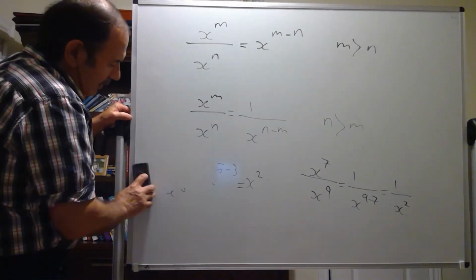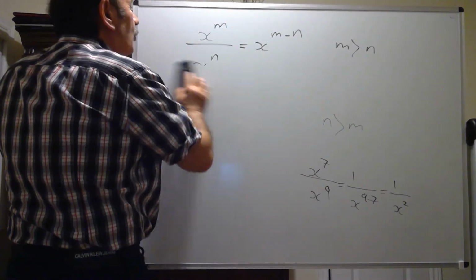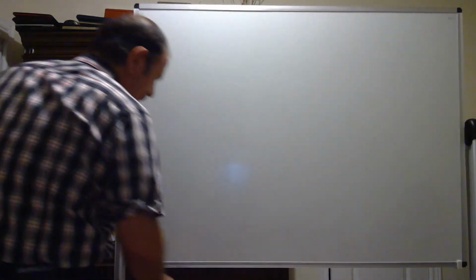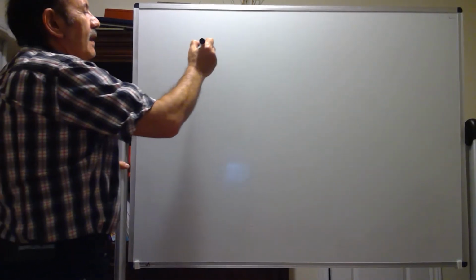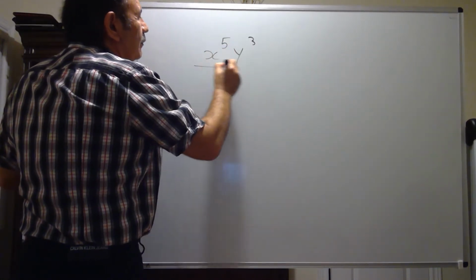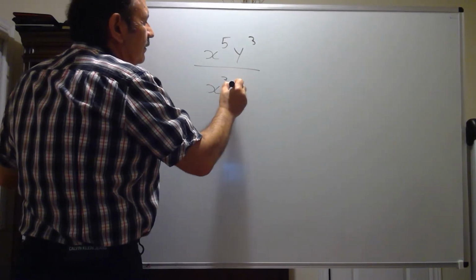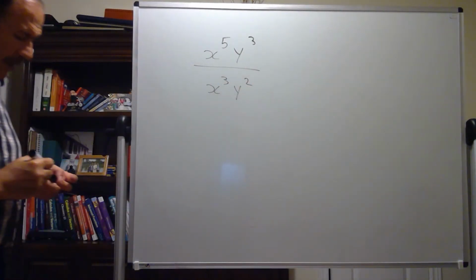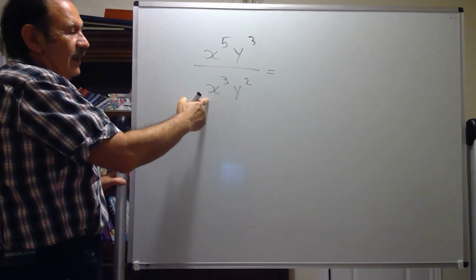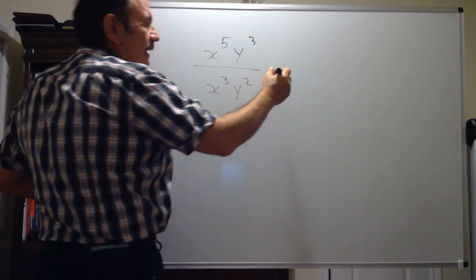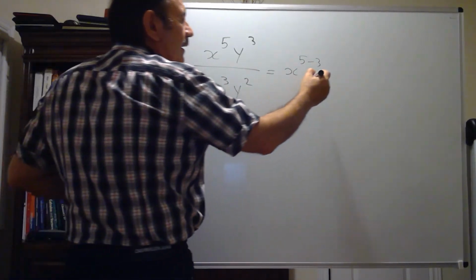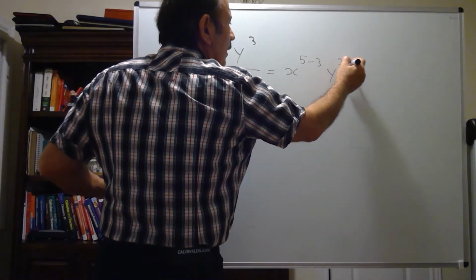Now, let's do more examples of dividing monomial by monomial. x to the power of 5 y to the power of 3 over x to the power of 3 y squared. Now for this one, x to the 5 and x to the 3, I can write as x to the power of 5 minus 3, and y to the 3 over y to the 2 I can write as y to the power of 3 minus 2.